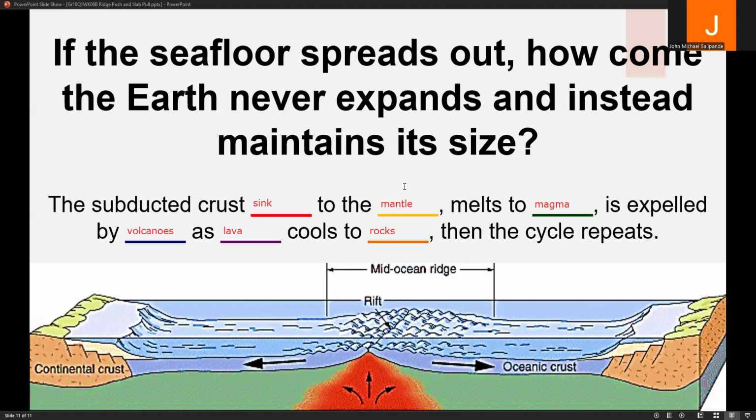So let me reread the sentence for you. Why is it that the Earth never expands, maintains its size despite the presence of seafloor spreading?